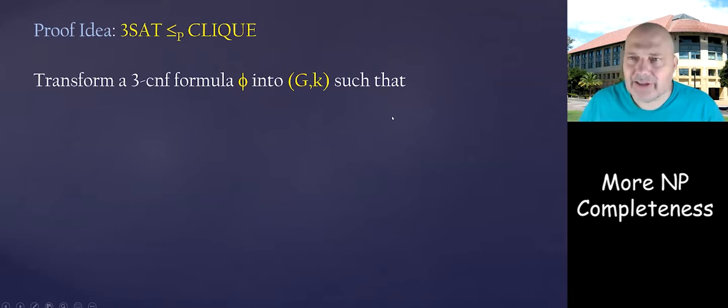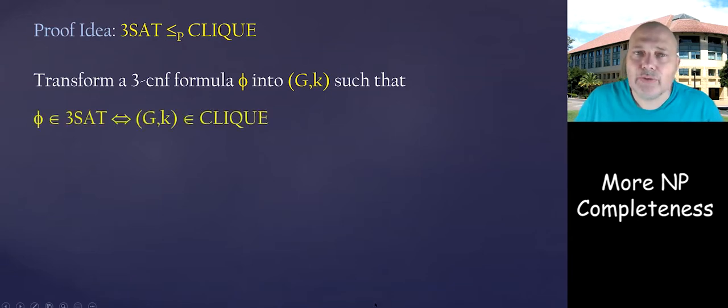I won't repeat it again and again, but always start with the syntax. What kind of problem you need to reduce, which problem you need to reduce to which problem, how do inputs for this problem look, and how do inputs for the other problem look. And then what do you need to show? You need to show that the input for 3SAT is a yes instance, so phi is in 3SAT if and only if (G, K) is in CLIQUE.